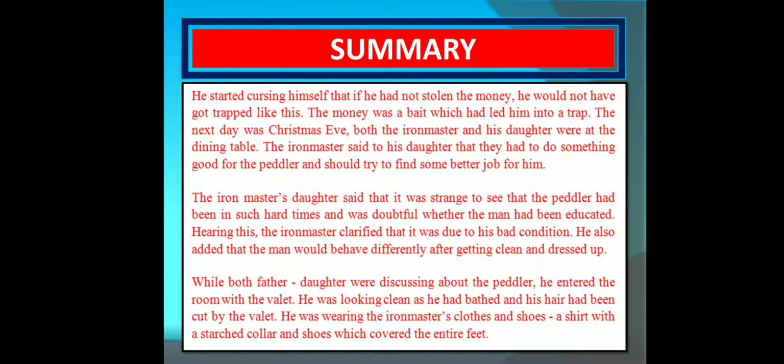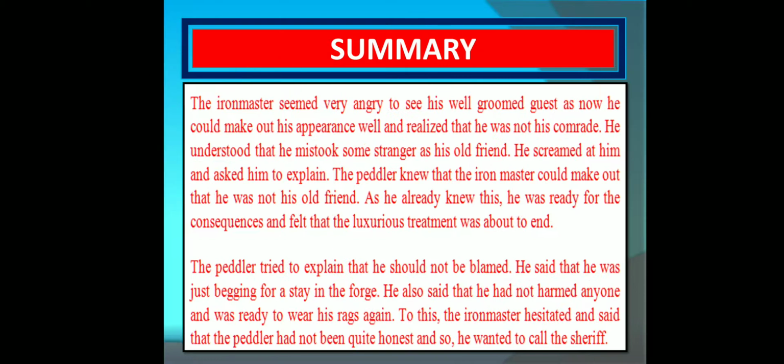While both father and daughter were discussing the peddler, he entered the room with the attendant. He was now looking clean as he had bathed and his hair had been cut by the attendant. He was wearing the ironmaster's clothes and shoes, a shirt with a starched collar and shoes which covered the entire feet.